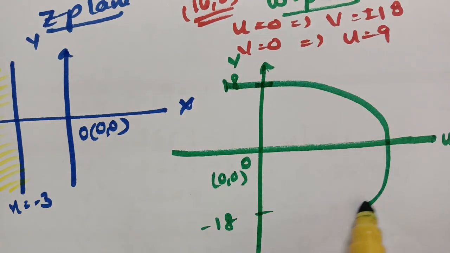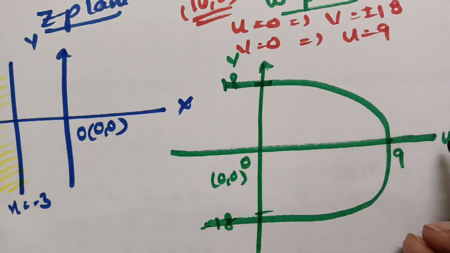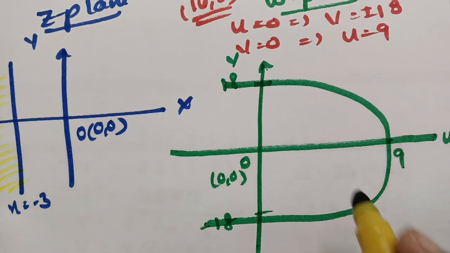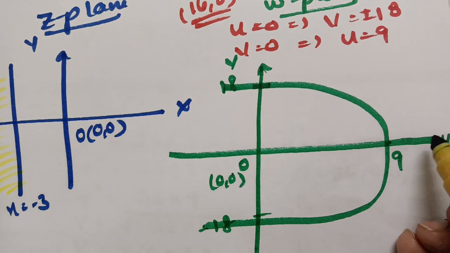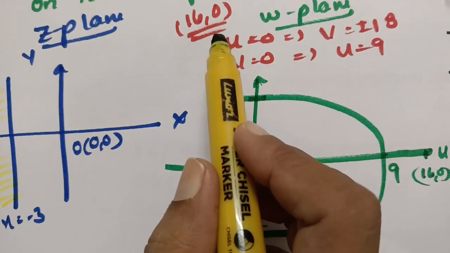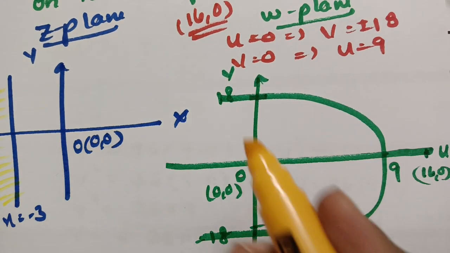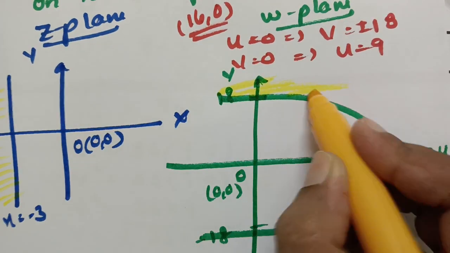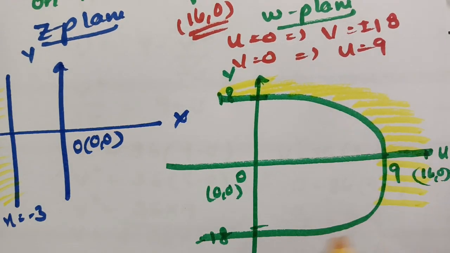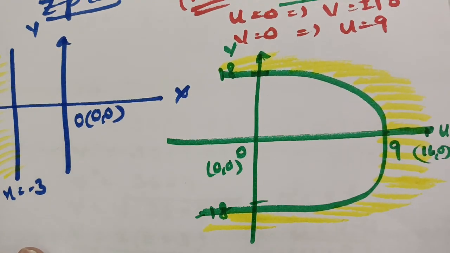If I join like this, this will be a parabola, and here is an image point, that is 16 comma 0, which we have to plot like this. And for x less than minus 3, this will be the shaded region.